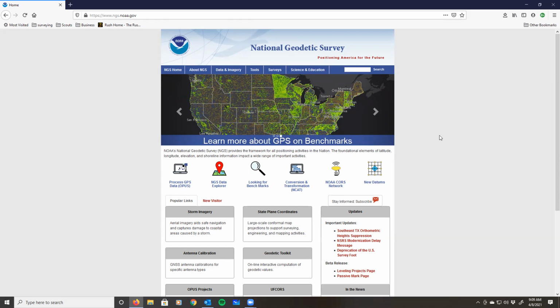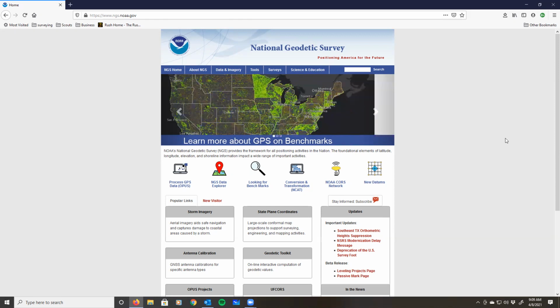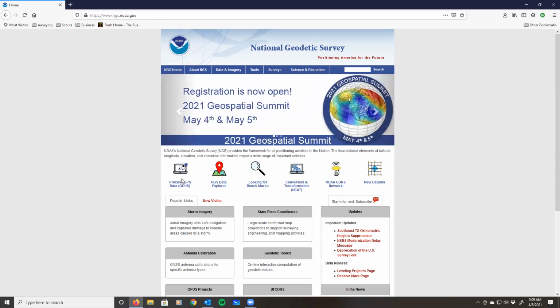So there are a couple of things here that are beneficial. You can post-process GPS information. It's called OPUS.